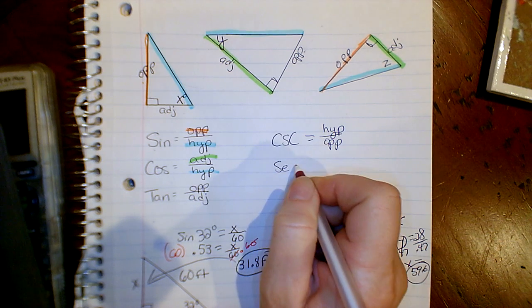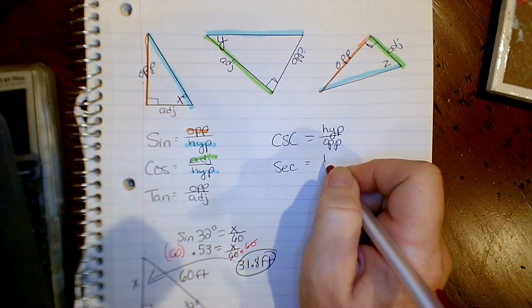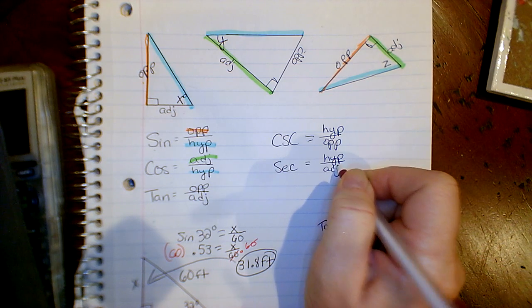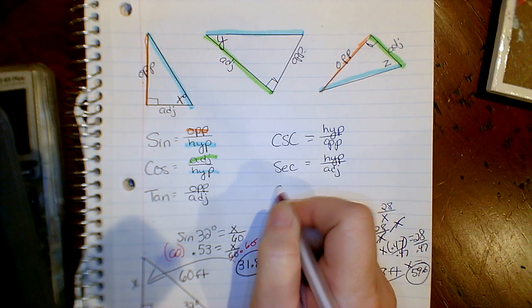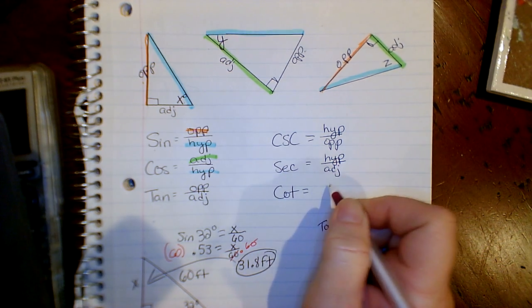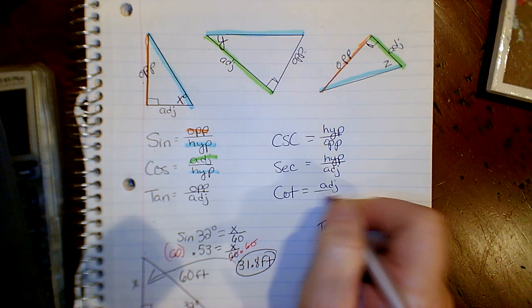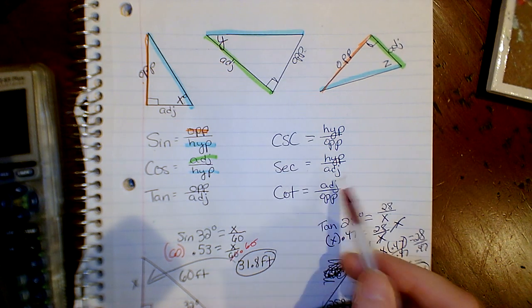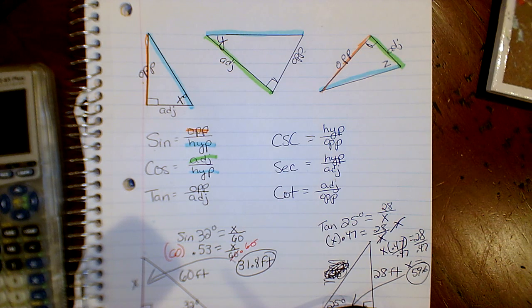And secant is hypotenuse over adjacent. And cotangent equals adjacent over opposite. So notice these two are just the inverse. Okay, they just flipped it.